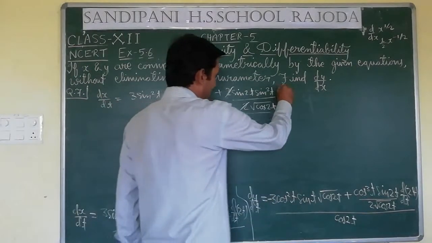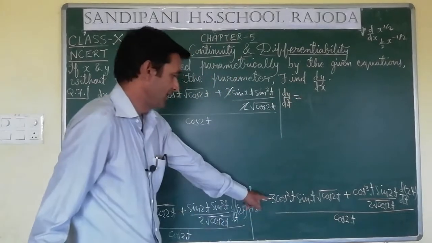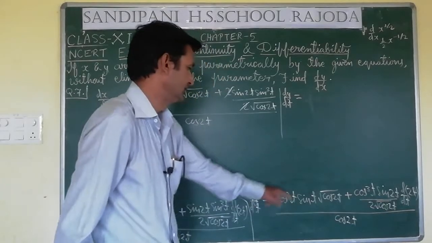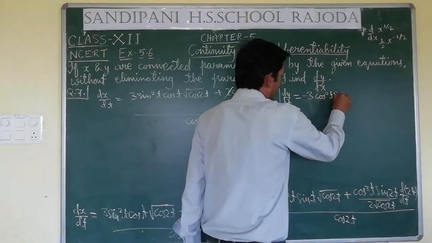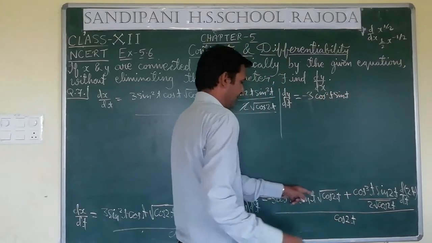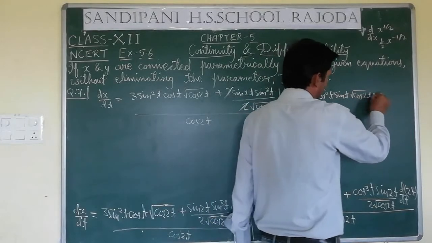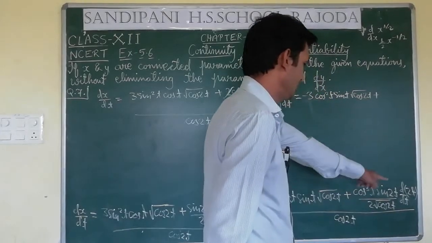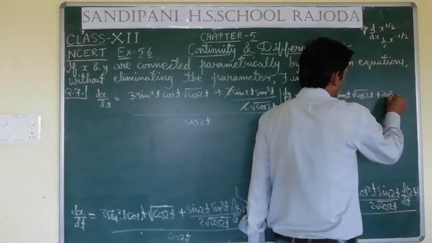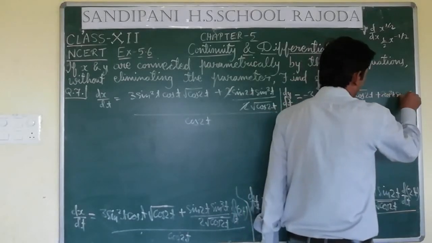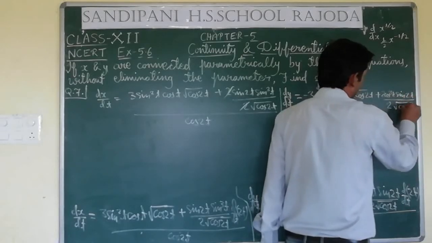Here also dy by dt. In case of dy by dt, what will happen? See, minus 3 cos square t sin t, and then root cos 2t plus, differentiation of 2t is 2, so it will be 2 cos cube t sin 2t upon 2 root cos 2t.